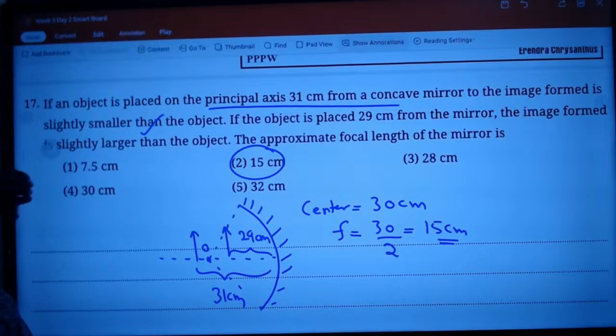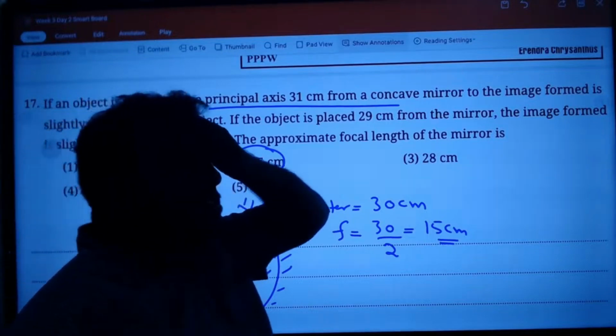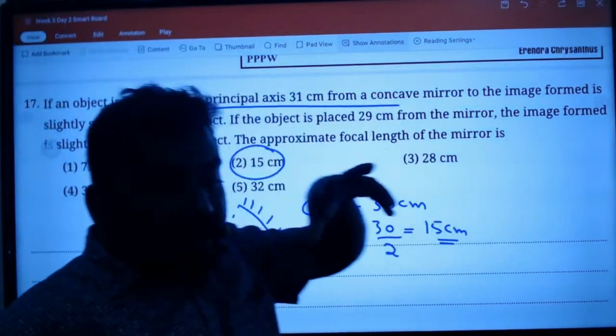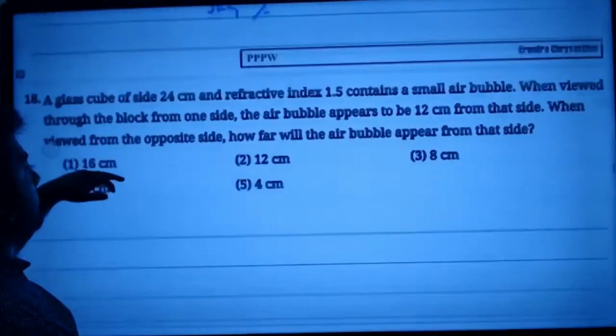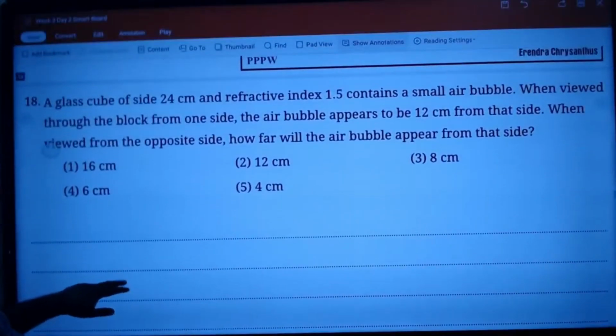So this is actually from your O-level knowledge on mirrors.